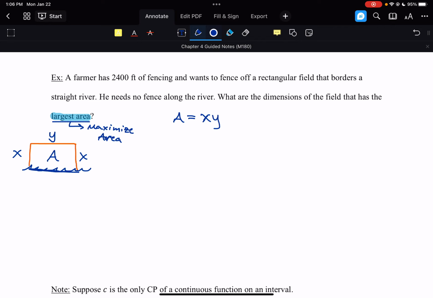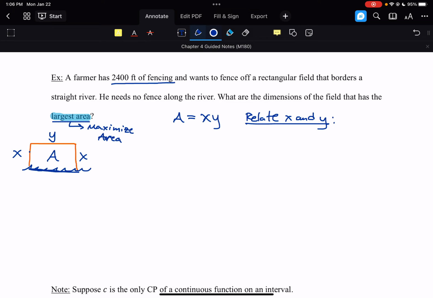So we've established our variables, we have our formula, but this formula is in terms of two variables. So we need to go ahead and get rid of one of them. So we're going to relate X and Y using the one other piece of information that we have, that the farmer has 2,400 feet of fencing.